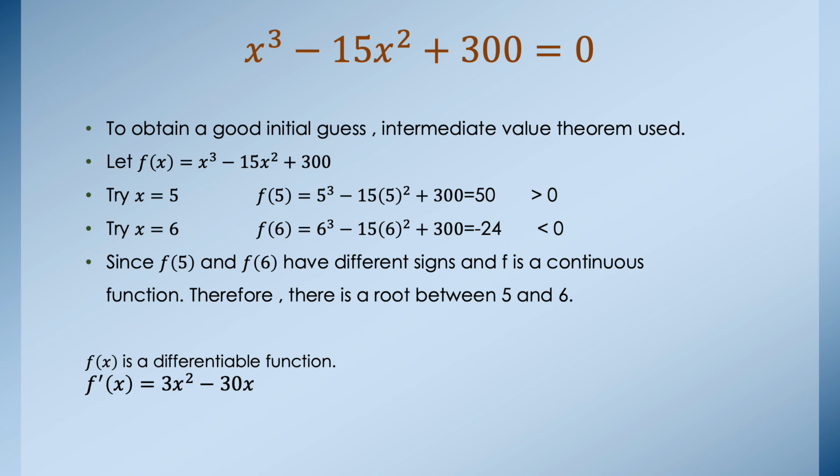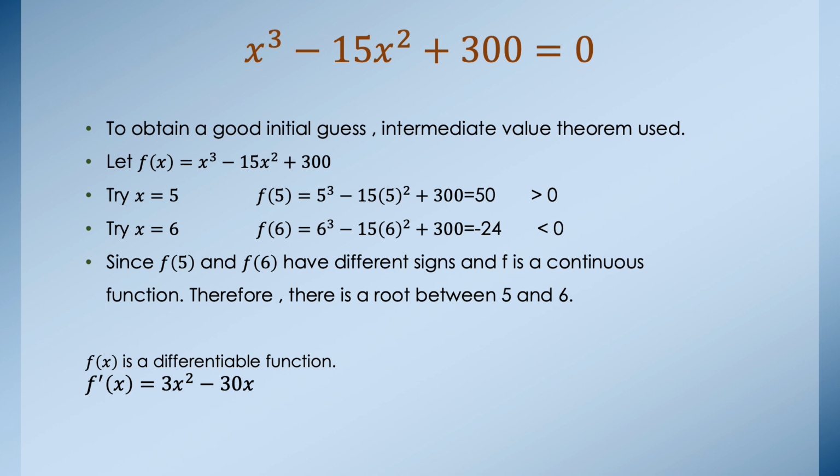So we apply the intermediate value theorem. We let f of x equal x to the power 3 minus 15x squared plus 300. We try x equal to 5. We get the answer equal to 50, so it is greater than 0, at the positive sign.